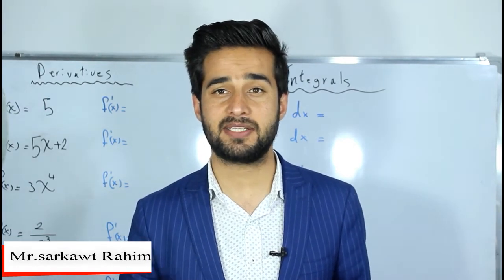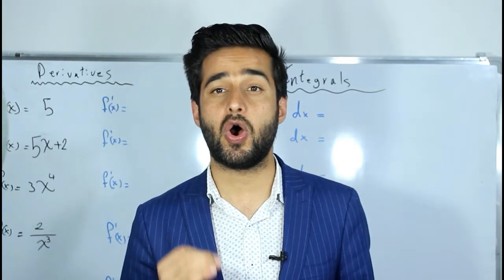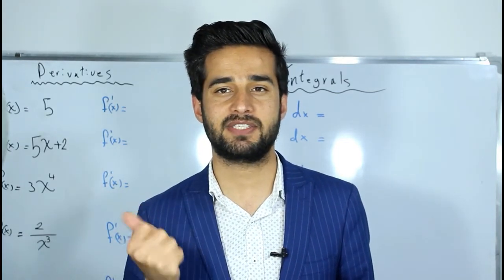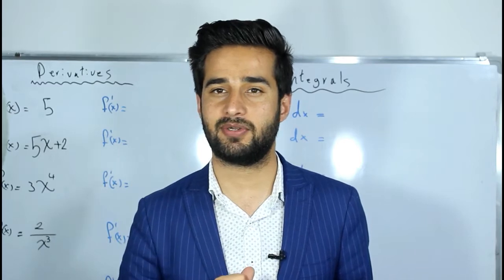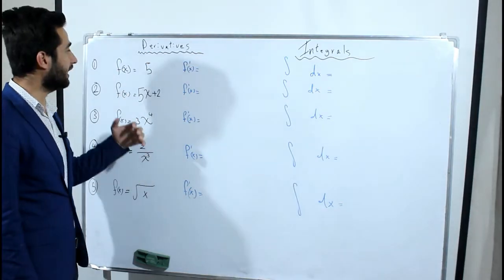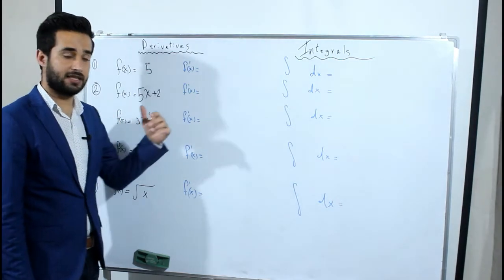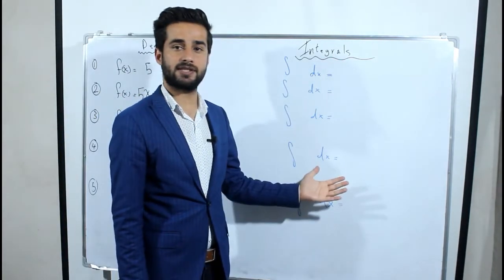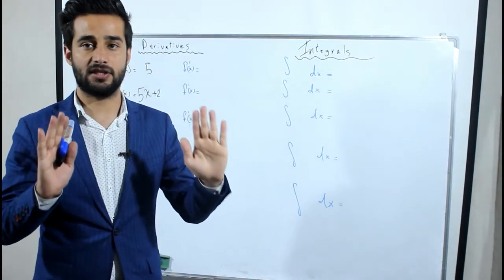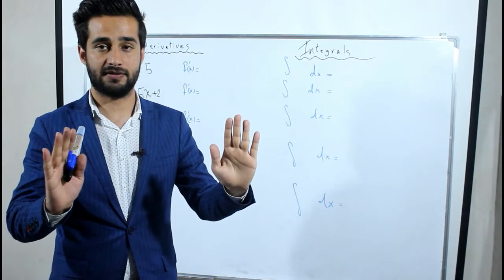Now let's start with the rules of integrals, but we will start with the derivatives, then we will change to integrals. Here we have the derivatives, and on the opposite side we have integrals. I know you took derivatives, you know the rules of derivatives.